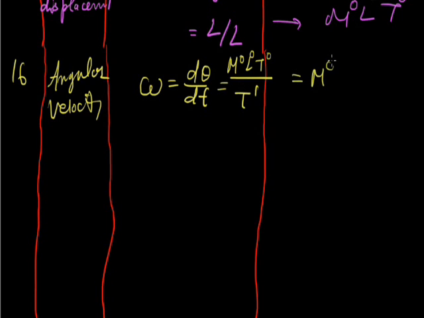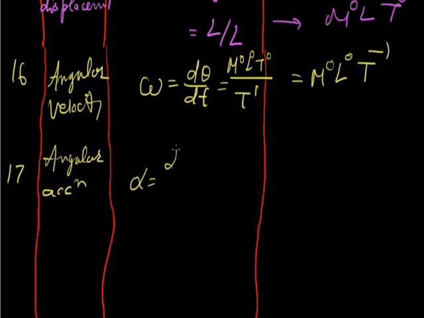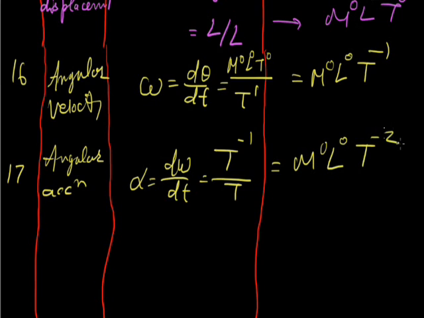So it is equal to M0 L0 T minus 1. Angular acceleration, alpha, is equal to d omega by dt, which is T minus 1 upon T. It is equal to M0 L0 T minus 2.